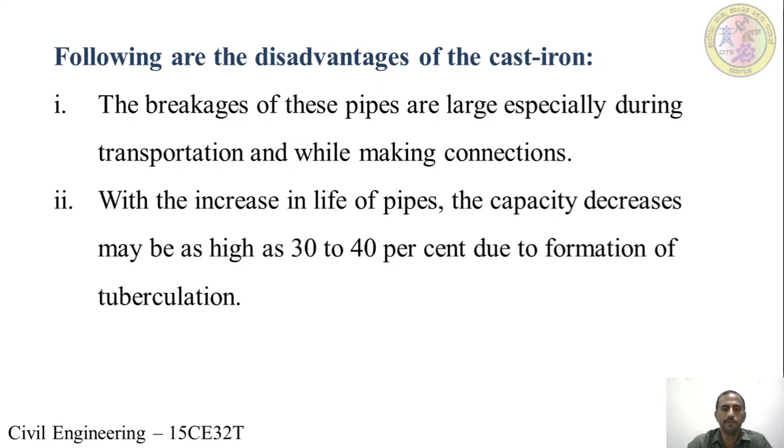Tuberculation is the formation of mounds of reddish brown iron oxide on the inner surface of the cast iron pipes due to the action of microorganisms that are present in the water which it is carrying.